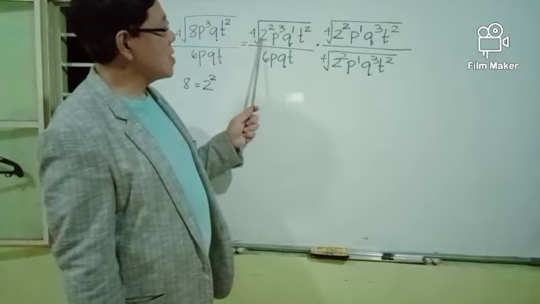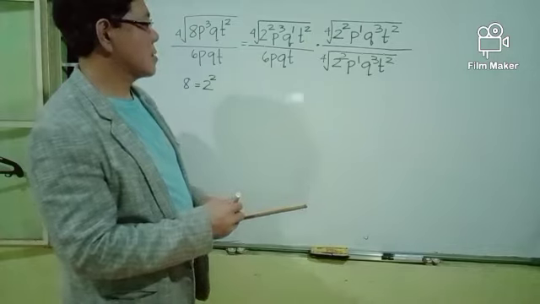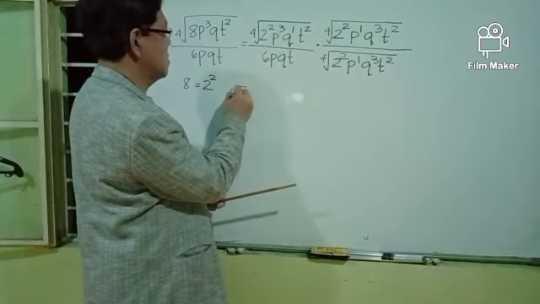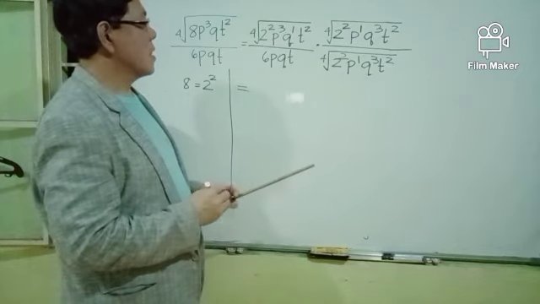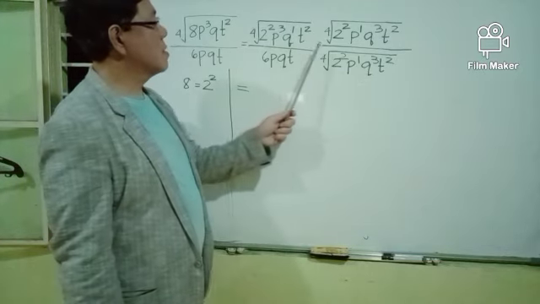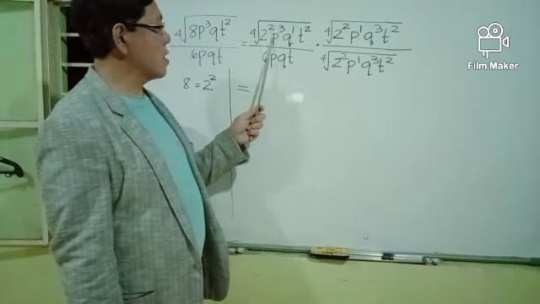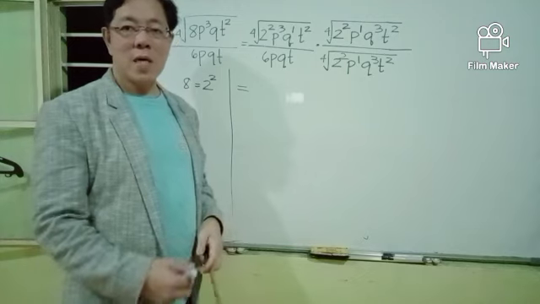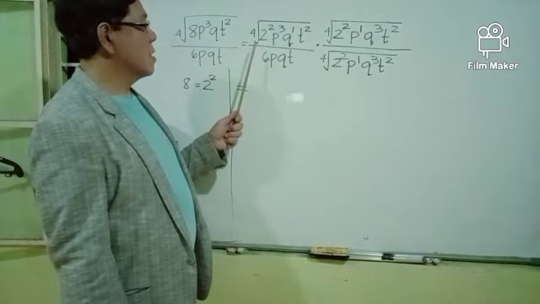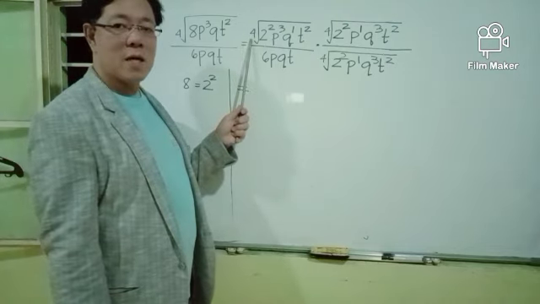Now we multiply the numerators and denominators. In the numerator, we write the product of this radical expression and this radical expression as a single radical expression whose radical sign has index 4.